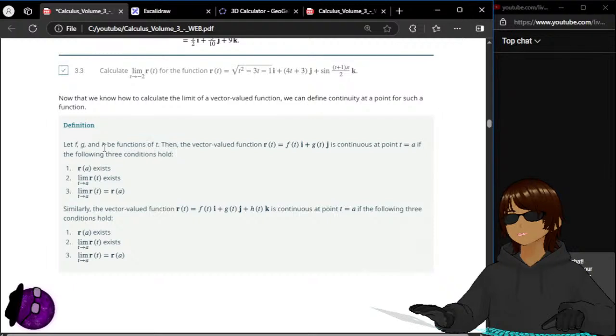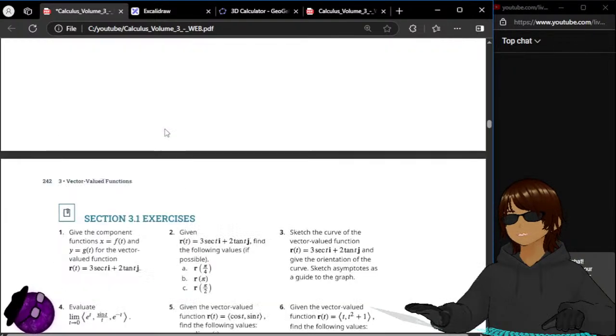Is there a left and right limit, like when it's coming from lesser t and higher t? Similarly, the vector valued function r(t) is continuous at the point t = a if the following three conditions hold. So r(a) exists. Oh, this is basically for three dimensions.